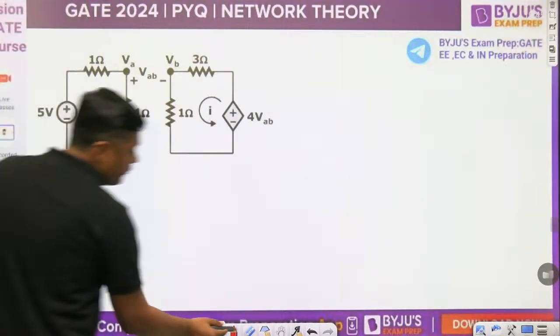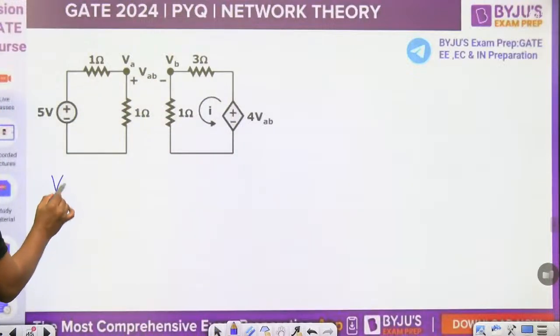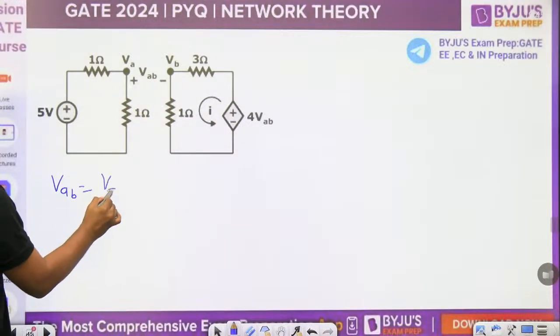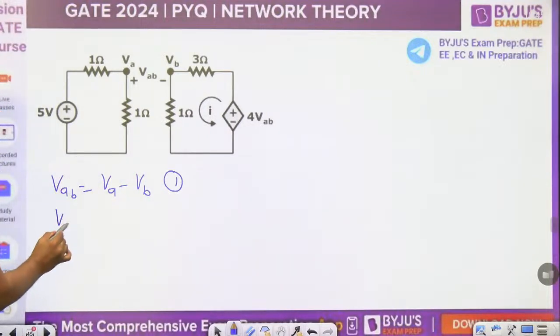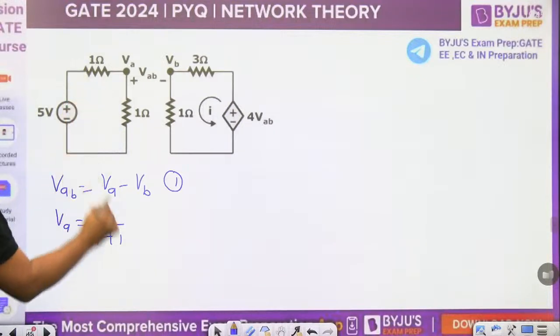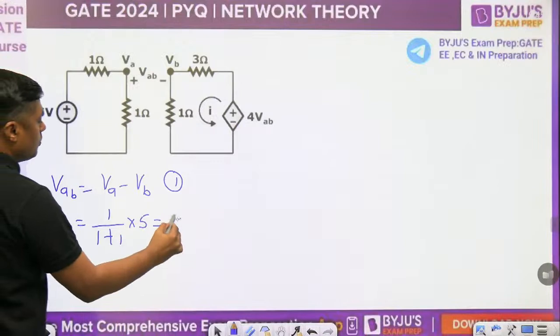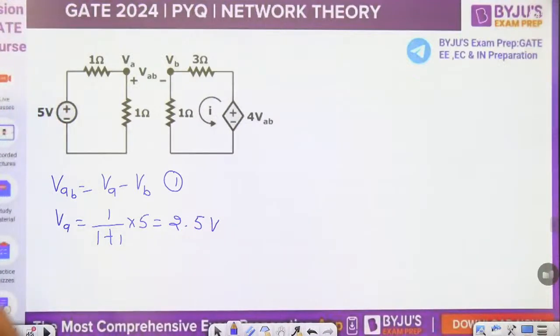What is the value of VA here? VAB is nothing but VA minus VB. VA means voltage division rule: 1 upon 1 plus 1 into 5, that is 2.5 volt. Then this is the VB.